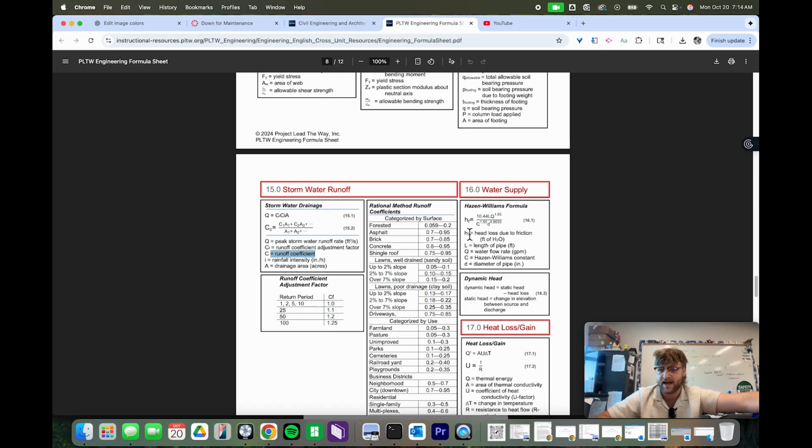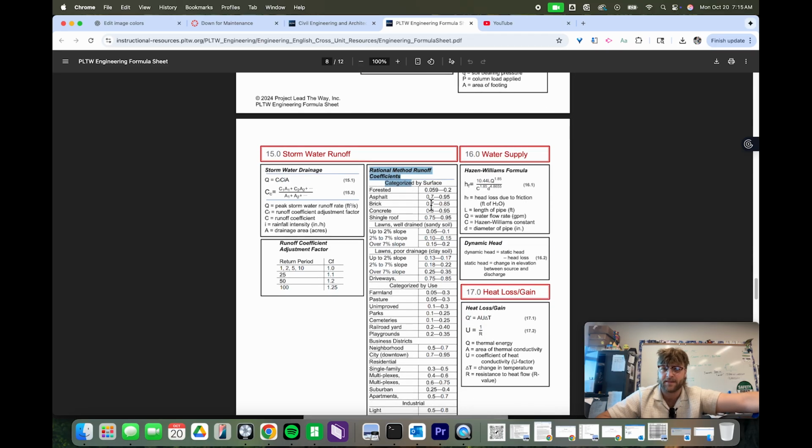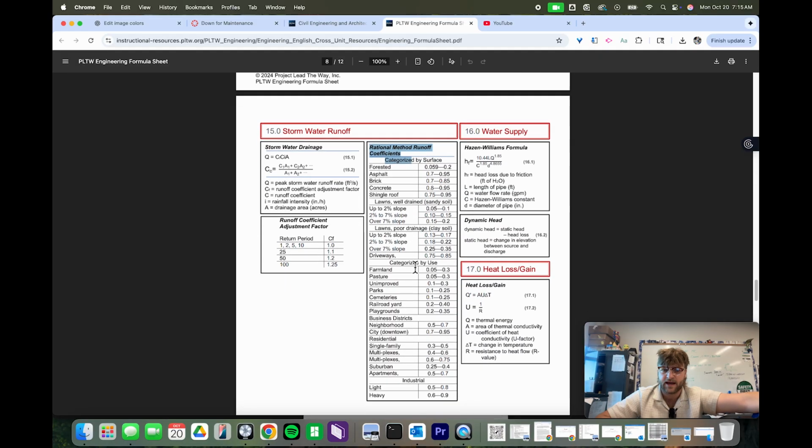So just like how whenever we were going through the Hazen-Williams formula, you'll see that there's C right here as well, right? That was based off of the actual pipe material. And so you use a particular C value for that. It's basically the same in the fact that this C value is also based off of the material. And so we actually have the runoff coefficients here, categorized by surface, and then also by use, and then industrial we've got down there too.